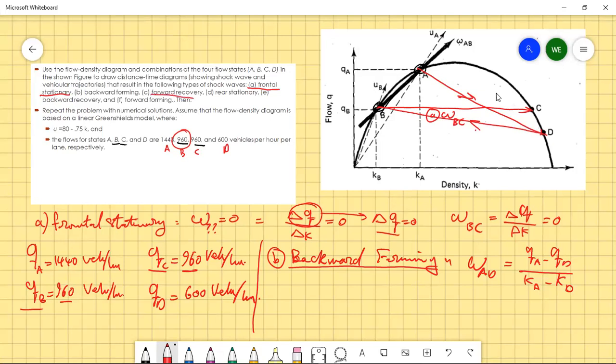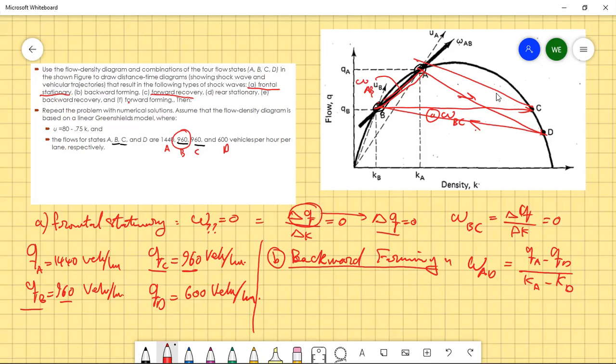Rear stationary, I'm not sure, but it could be from C to B. E, backward recovery, it could be from C to A. F, forward forming, this could be forward forming, omega AB. Okay, so these are examples.